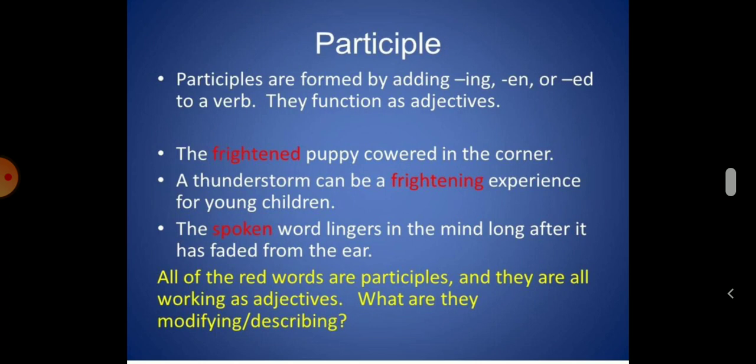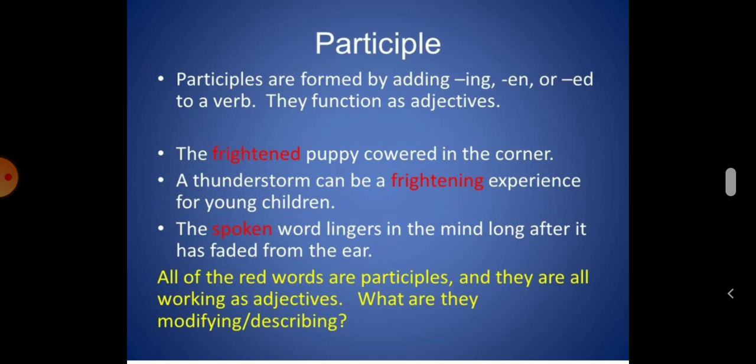So these are verbs, but here participles are formed by adding ing, en or ed to the verb, but they function as an adjective. They do not function as the verb. Then it is called a participle.